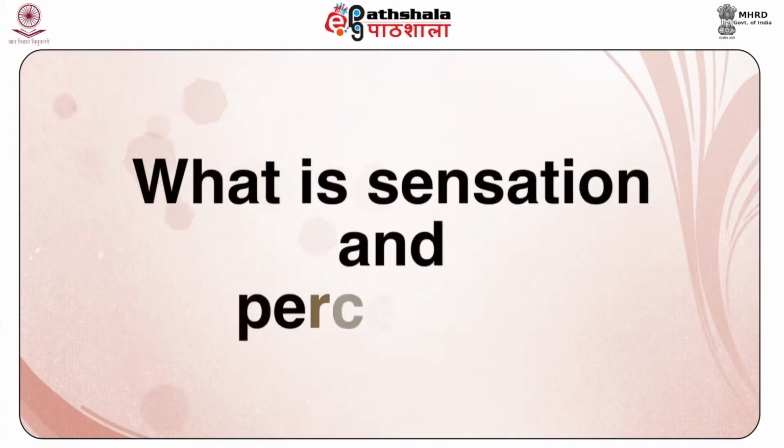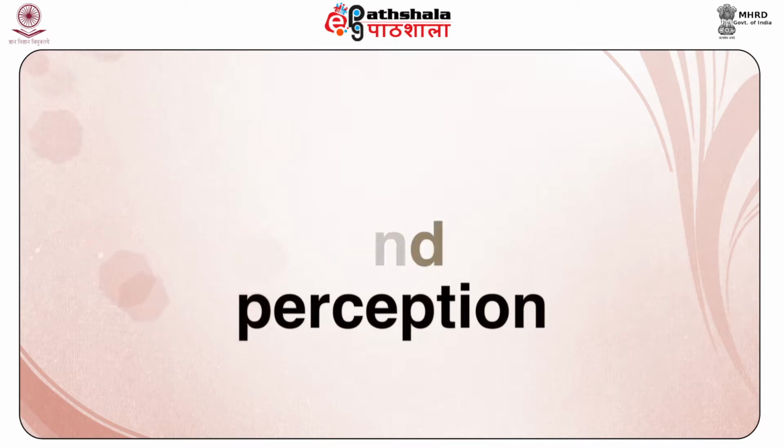Further, this module will help us understand different approaches towards what perception is and what the different depths involved in perception are. Now, let us focus on what sensation and perception are. Our world is active with all sorts of stimuli, which include all the objects and events that might surround us. Sensation and perception are the processes that help us to become aware of and recognize those various stimuli.